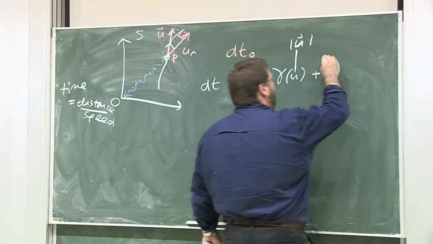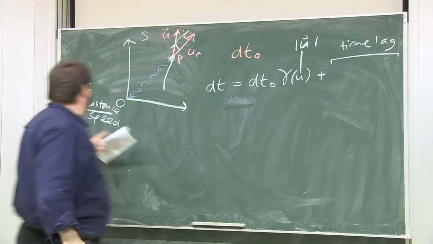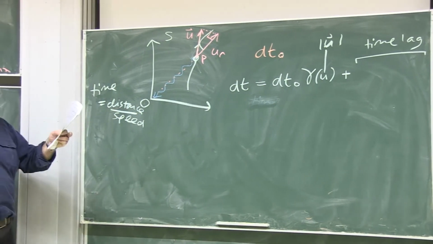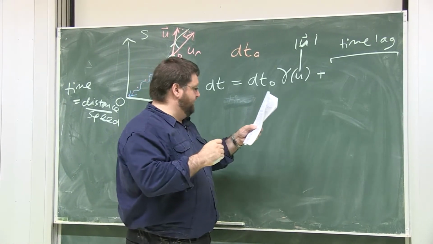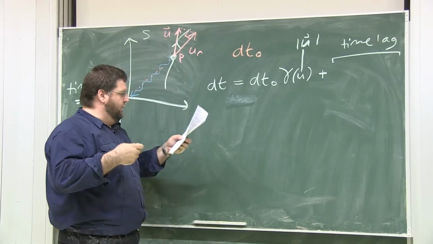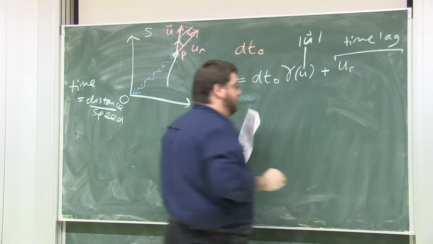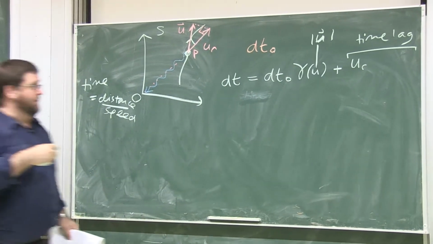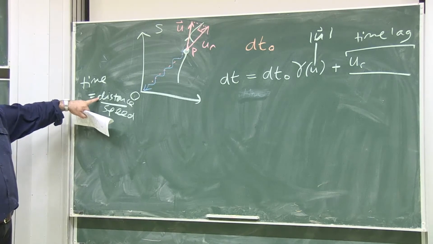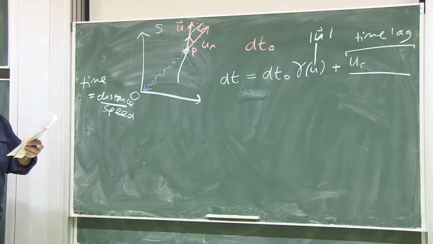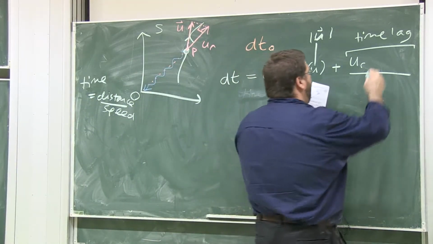So I want to add an extra time lag due to the radial motion, and I know that that time lag is going to be the radial distance travelled divided by the speed of light. What is the radial distance travelled between two emission events? Well, the radial distance travelled, as judged by this observer O, will be the radial velocity times the time between emission events.